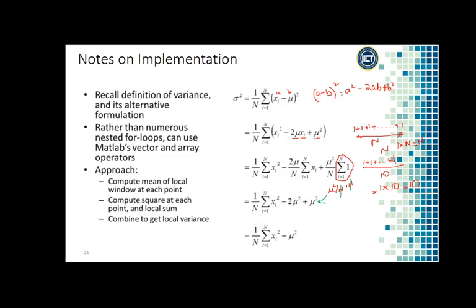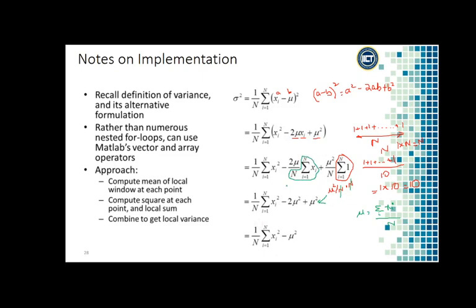Similarly, what is the formulation for the mean? The mean is the summation of xi values divided by the total number of points. Now this is the mean, right? What we can do from here is consider this part and replace it with the mean.